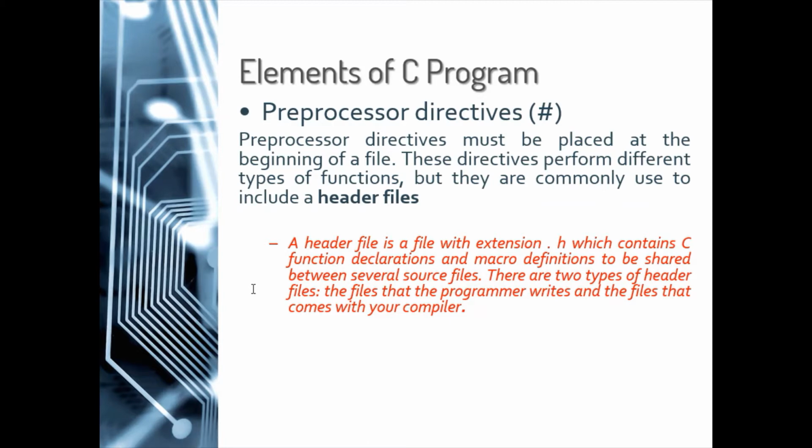There are two types of header files. First, the header files written by the programmer, which are custom header files. Second, the header files that come with the compiler. You can just include them and then use the functions that exist within them.